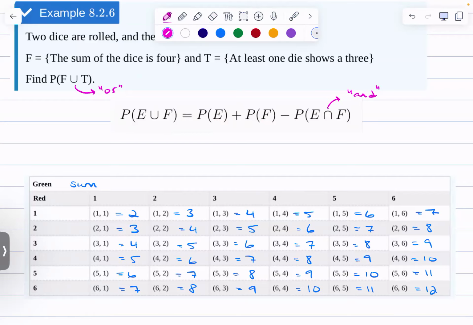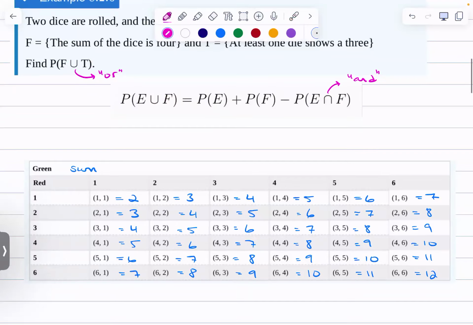This is in terms of general E and F, and we want to map it to, confusingly, F and T. So wherever you see an E in the original equation, you're going to replace it with an F, and wherever you see an F in the original, you'll replace it with a T. So just be really careful when you map these.